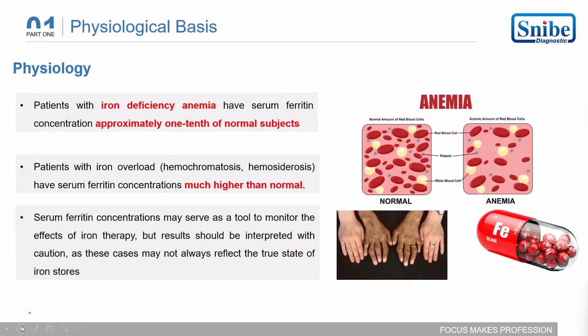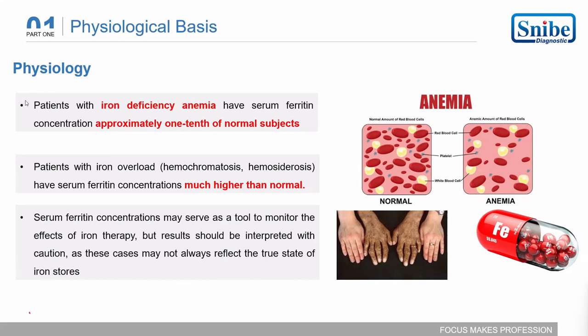If we talk about the physiology of the ferritin, you can see that in the normal body there is a normal amount of RBCs, including red blood cells, platelets, and WBCs. But in anemic conditions, the number of RBCs is comparatively low, and the shape of the RBCs is changed due to iron deficiency anemia, which may lead to the anemic condition.